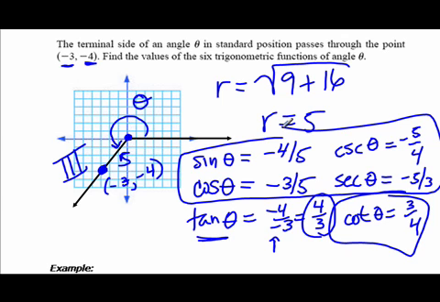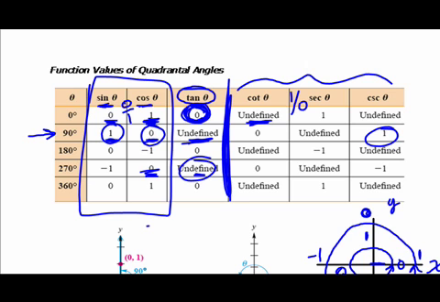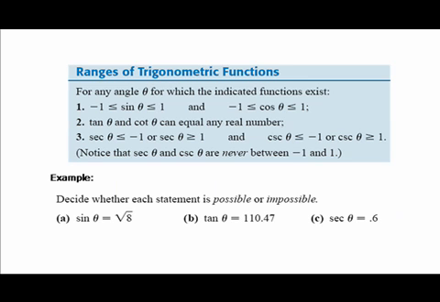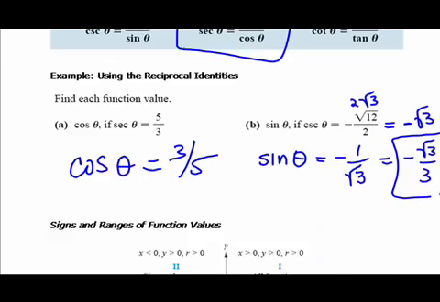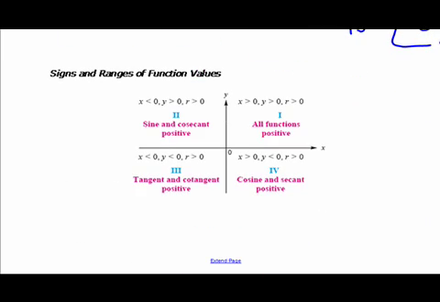So we can summarize that in the following chart. If I talk to you about a quadrant now, where are your trig functions positive or negative? Well, in quadrant 1, all of them will be positive, all 6 of them. Now when I say all 6, we can condense that by saying all 3 of them, and it's given that their reciprocals are going to have the same sign.